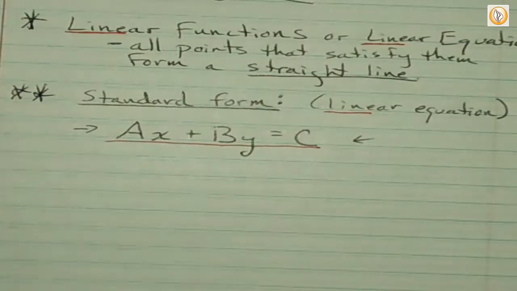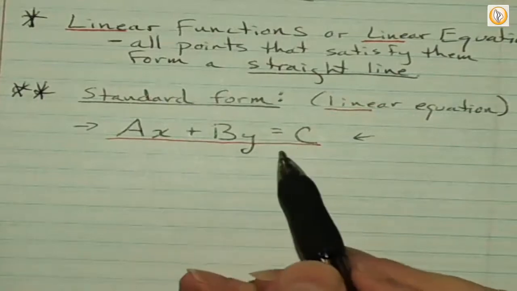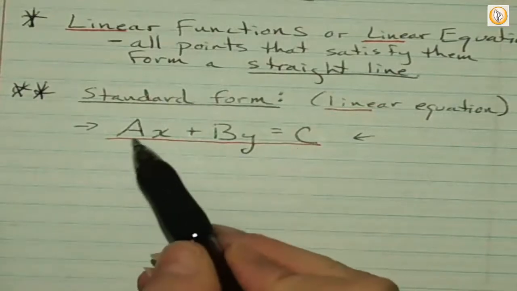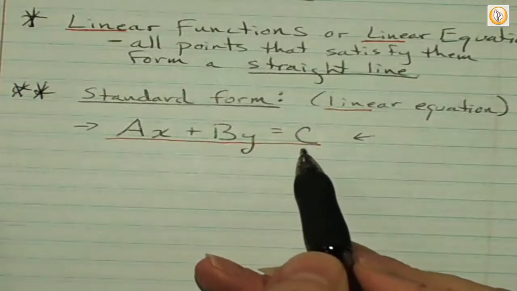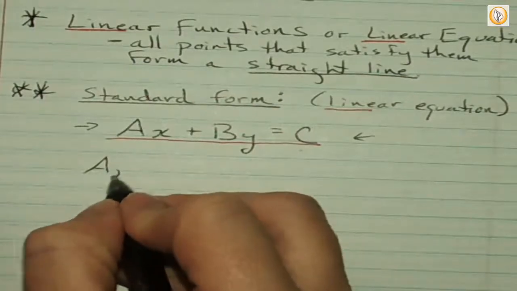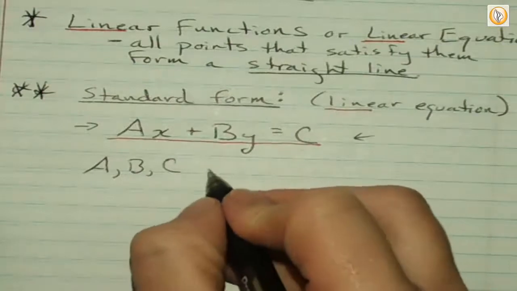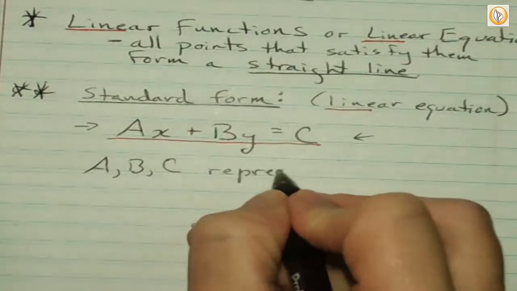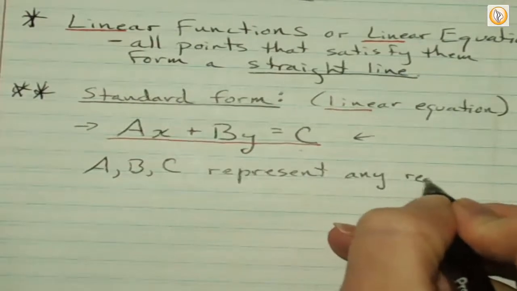Okay, so basically, the letters represent numbers, like 4x plus 2y equals 14. The letters represent numbers. Is that why they're capitalized? I don't know why they're capital. Yeah, I guess they are. So they represent any real numbers.